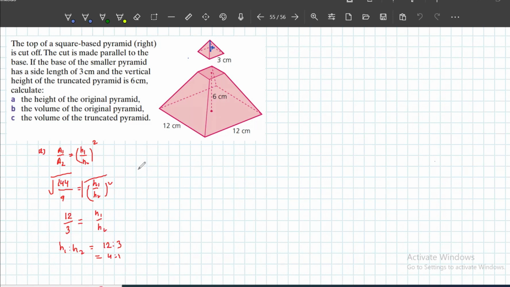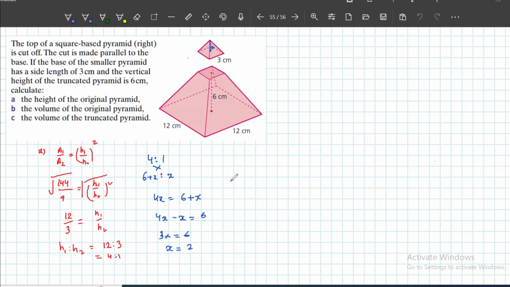We can compare with the ratio 4 to 1: the total height of the original pyramid, 6 plus x, and the height of the smaller piece, x. Now we can cross multiply. So 4x minus x equals 6. So 4x minus x gives us 3x, which is equal to 6. So x is equal to 2.